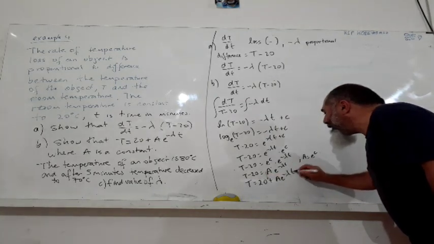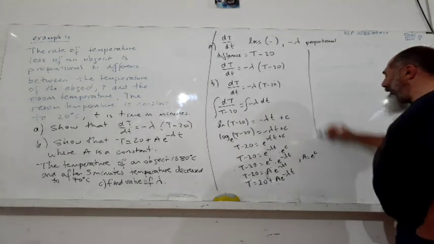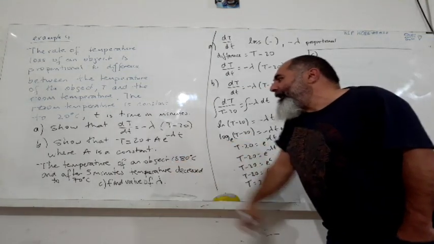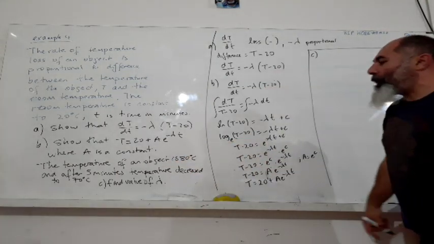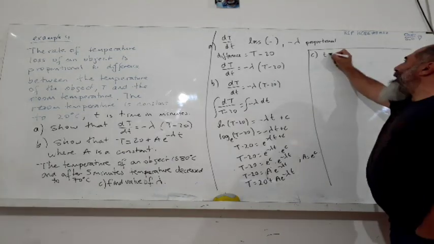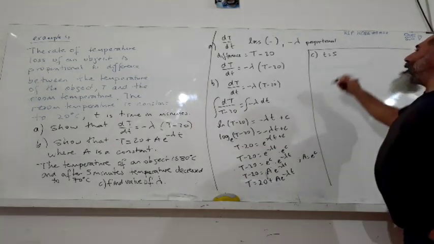And for part c, we have additional information there so that we can find the value for lambda. And we know that after 5 minutes, t is in minutes, temperature is going to be 70.